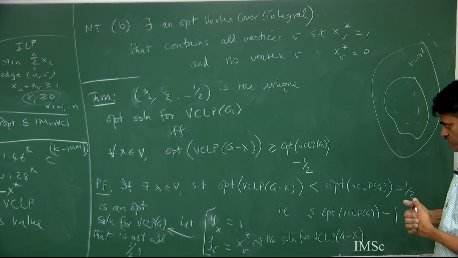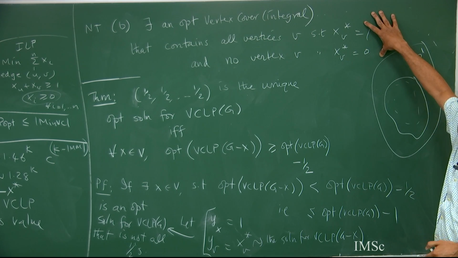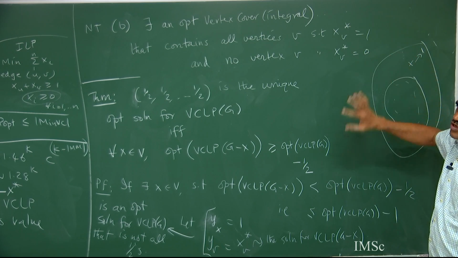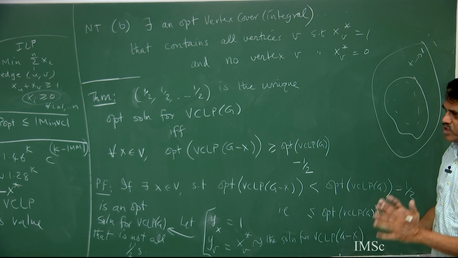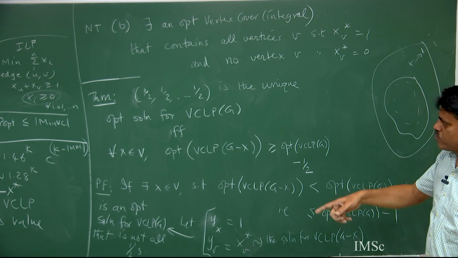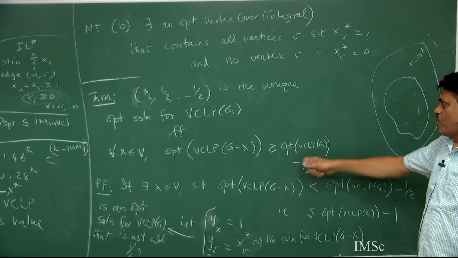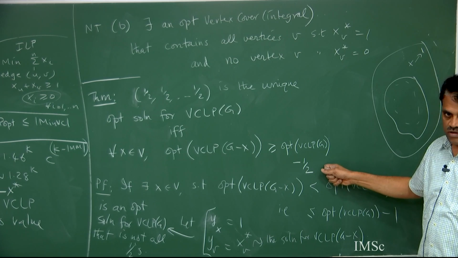So, what am I going to do? I do this pre-processing, solve the LP, collect all the ones into my solution, throw away all the zeros, look at the remaining graph. In the remaining graph, I am going to try and remove one vertex at a time, solve the LP and see how much the LP value drops.